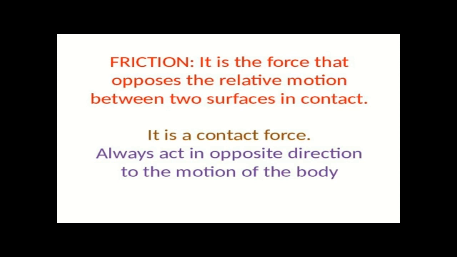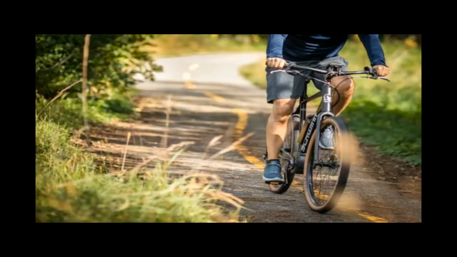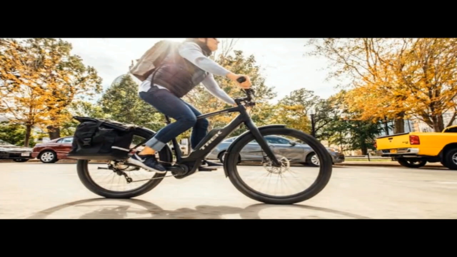Friction always acts in the opposite direction of the motion of the body. If you stop pedaling your bicycle on a level road, you observe that its speed decreases gradually. This is due to friction.